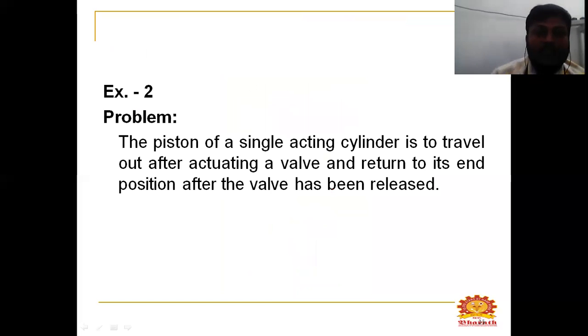And the next problem is: the piston of a single acting cylinder is to travel out after actuating a valve and return to the end position after the valve has been released.